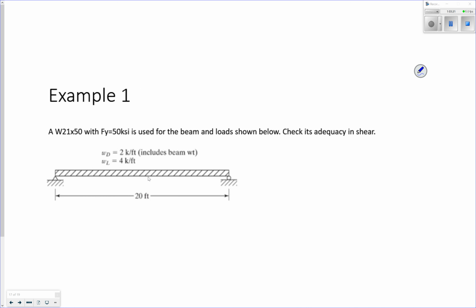So I have a W21x50, with a yield stress of 50 ksi, and it's subjected to a dead load and a live load, uniform distribution. Make sure that this works for the shear.